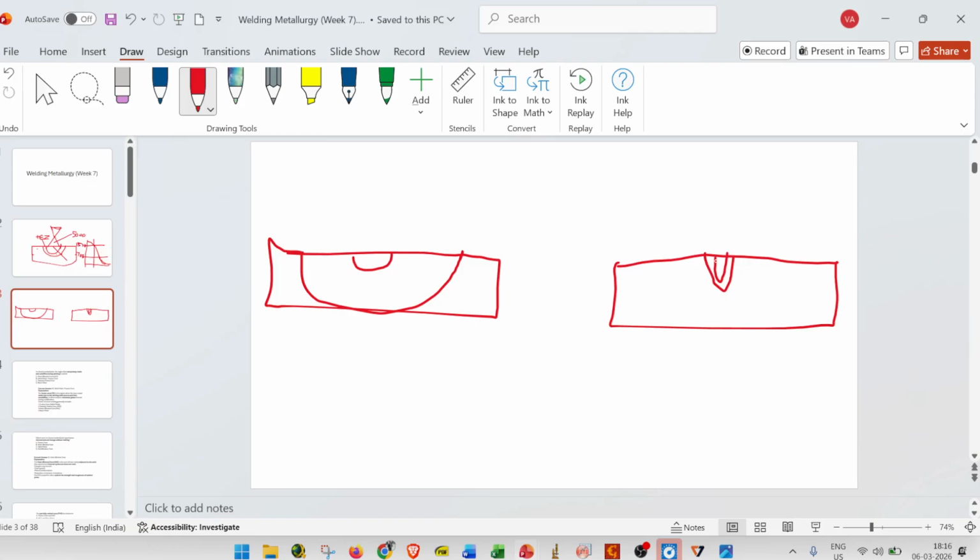So the molten region will be small and the heat affected zone will also be small. But in the oxyacetylene welding case, because of the longer exposure time, a lot of the heat will be dissipated to the workpiece, which results in a broader heat affected zone.